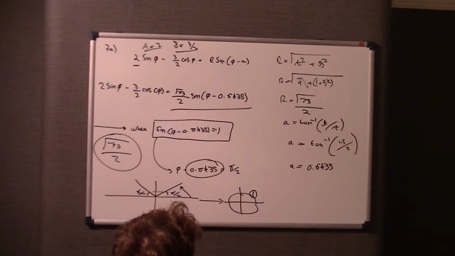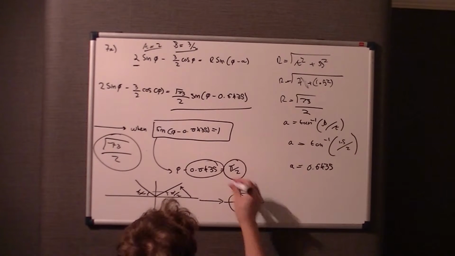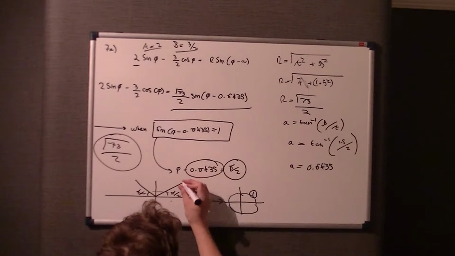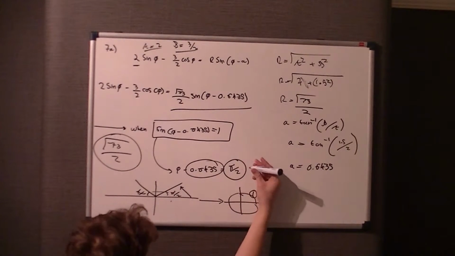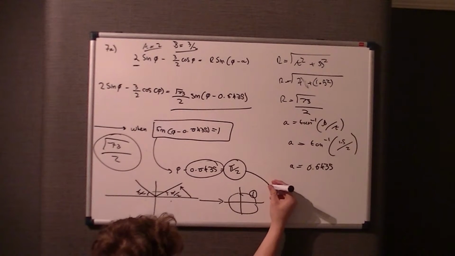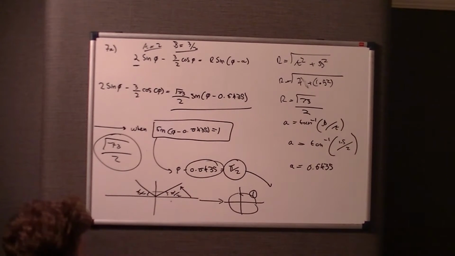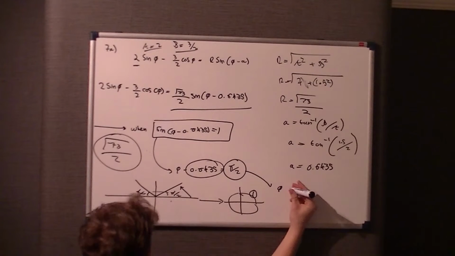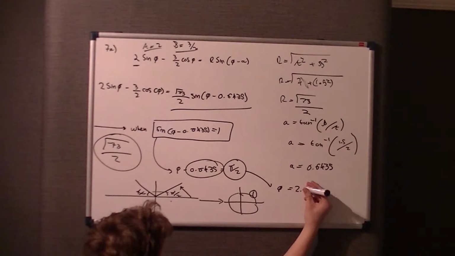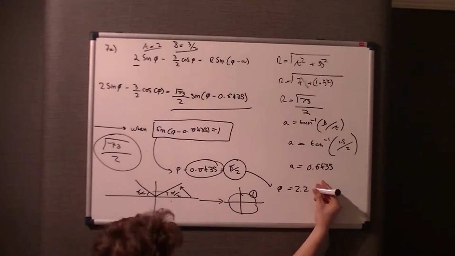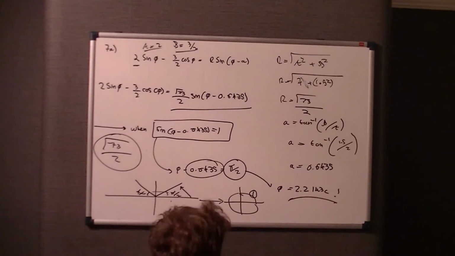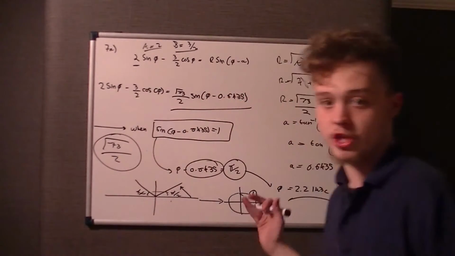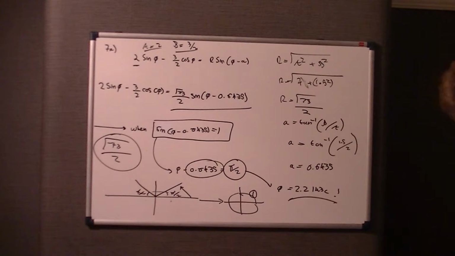So we only have this answer, but that's theta take 0.6435, so we add 0.6435 to both sides. Theta therefore is 2.2143 radians. That's the angle at which that maximum occurs.